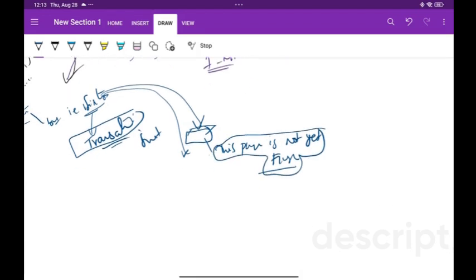Okay, we said one scenario is data which is dirty but the transaction is not yet committed.